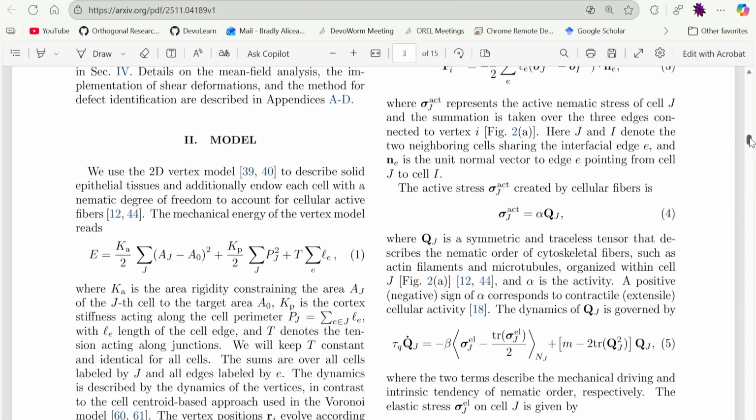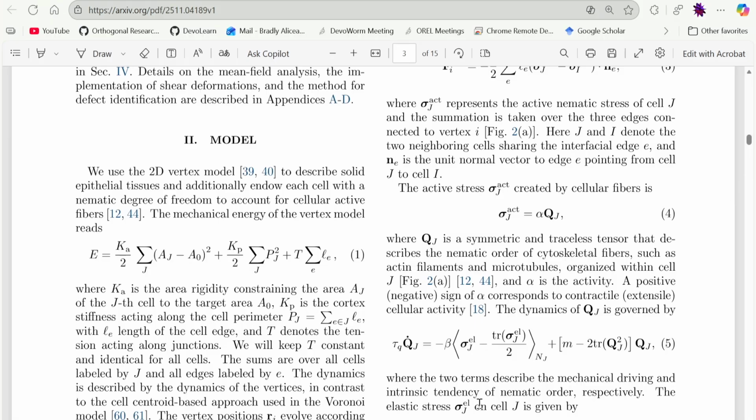We use the 2D vertex model to describe solid epithelial tissues, and additionally endow each cell with a nematic degree of freedom to account for the cellular active fibers. The mechanical energy is equation 1, which characterizes the shape and the rigidity, and this is just the mechanical energy needed to deform the cell.